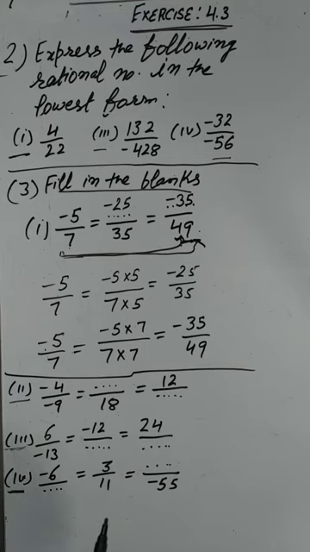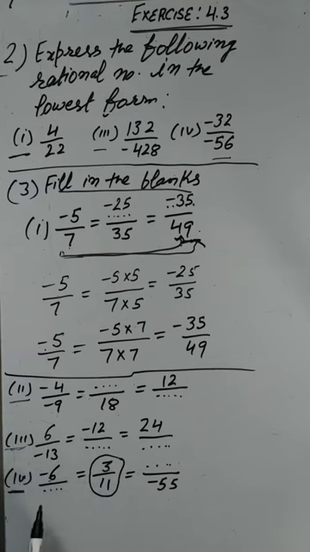Look at the part fourth. In fourth part that rational number is complete, means its numerator and denominator we have both. Now beta look, 3 is changed into minus 6. How can I change 3 into minus 6? 3 multiply by minus 2.